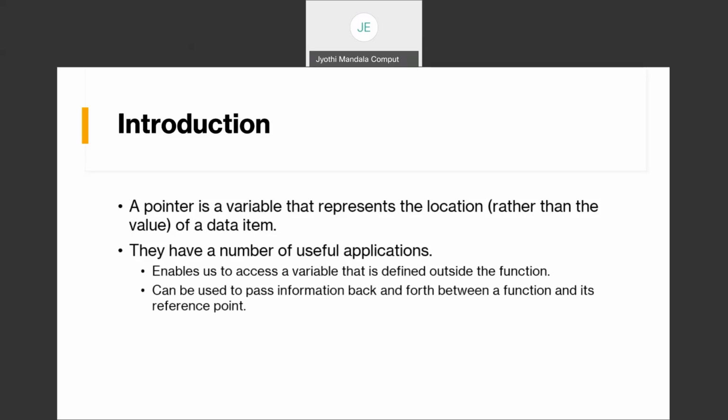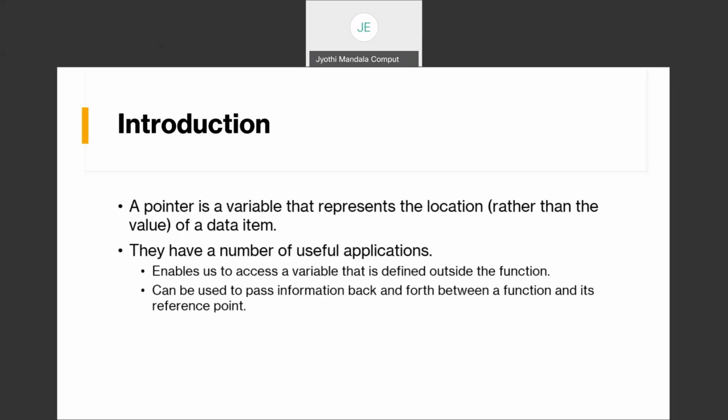Outside of a function, whatever variable we declare can be called a global variable, and that can be accessed easily. Between functions, if you want to pass any information from one function to another, that can be easily done by using the pointers concept. We already learned call by reference. Do you remember that? Call by reference we passed using the pointers concept.